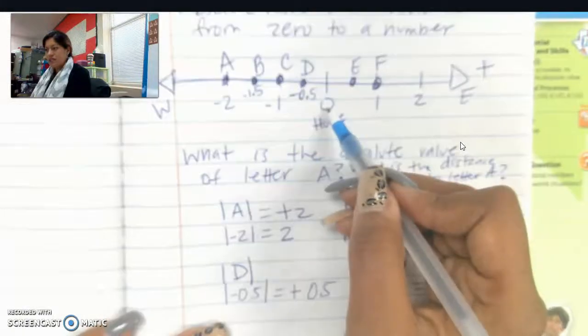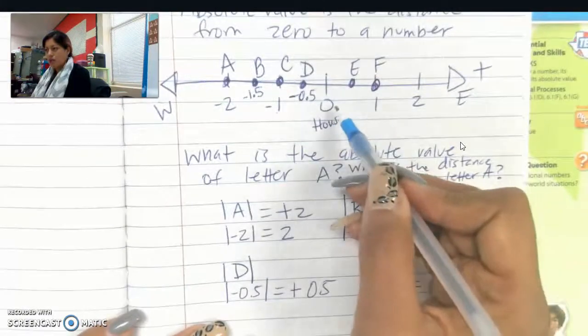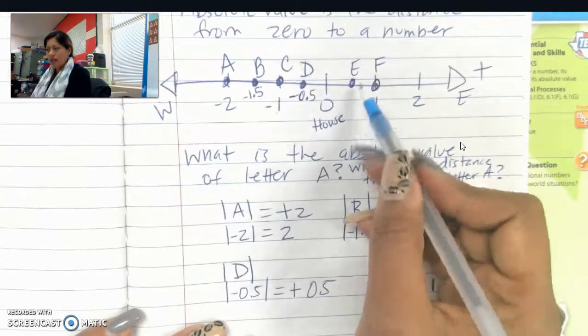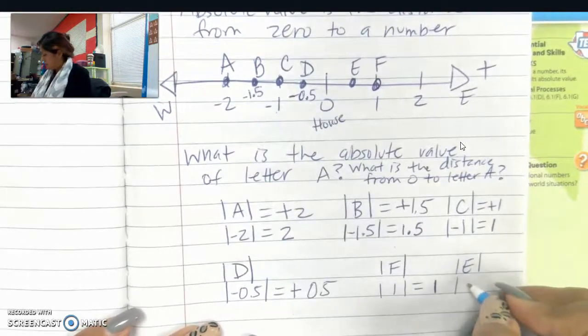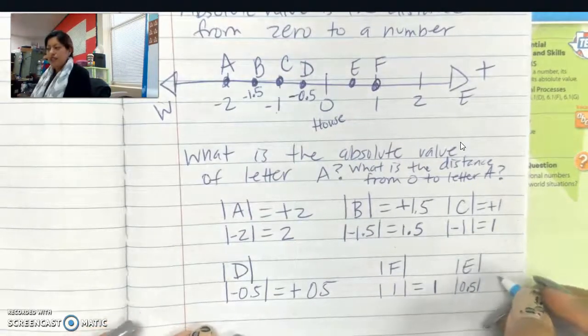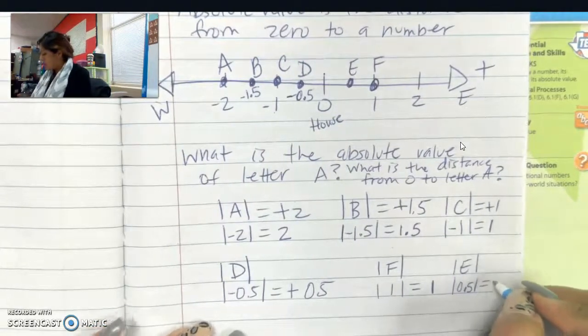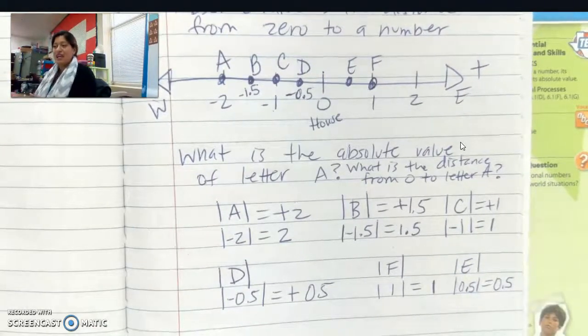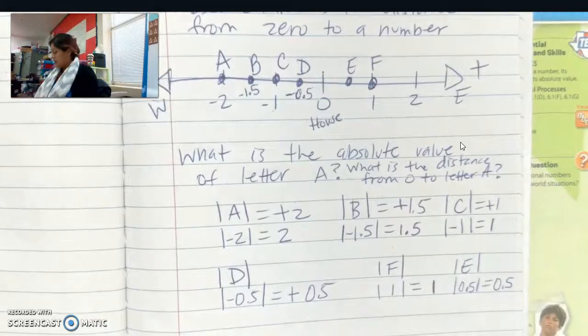All right, remember, it's in between 0 and 1. So it's got to be more than 0, less than 1, and it's in the middle. Yep, it's 50 cents. That's right. So that's, remember, if it's already positive, it just stays positive. All right, that's absolute value.